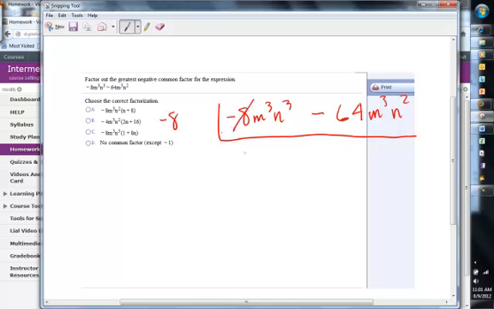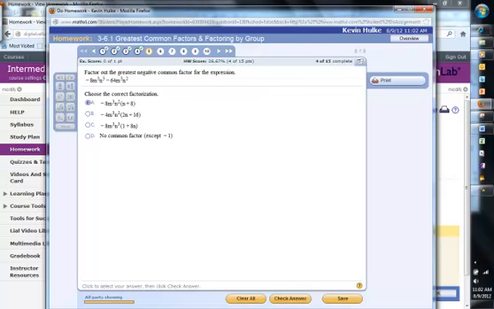That'll take care of this, and that'll make this positive 8. Take out an m cubed, that'll take care of all of these, and take out an n squared, and that'll make this n, and that'll take that away. So n plus 8, and so our outside is 8m cubed n squared, and our inside is n plus 8. So we're going to choose letter A.